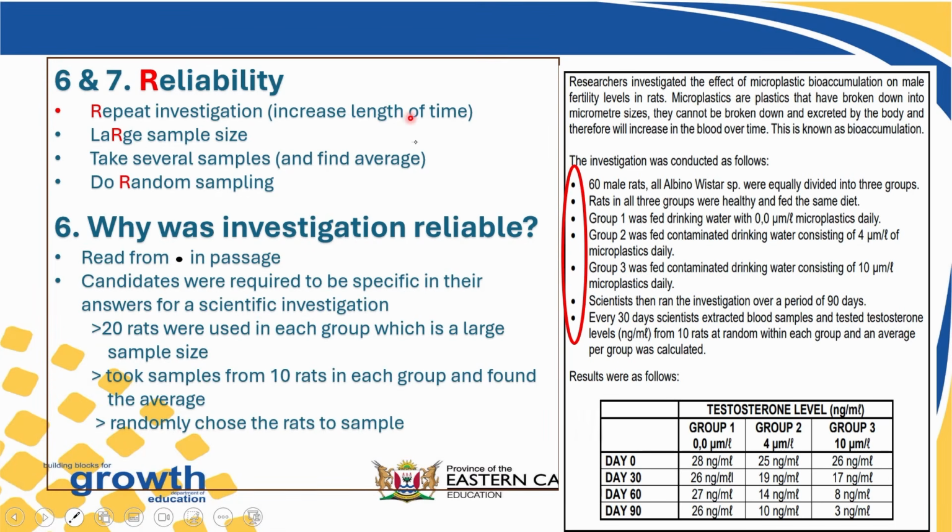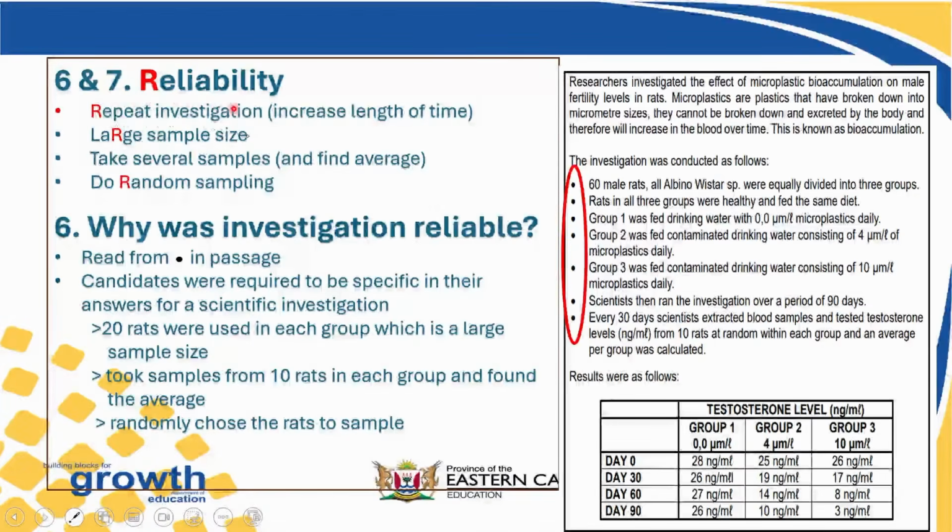I'm repeating the whole one. Maybe I'm doing it in another place. I'm doing it with other people, but I'm redoing the investigation. I can also increase the length of time for that investigation to make it more reliable. This is not always the case because some investigations won't become more reliable if we increase time, while others will.